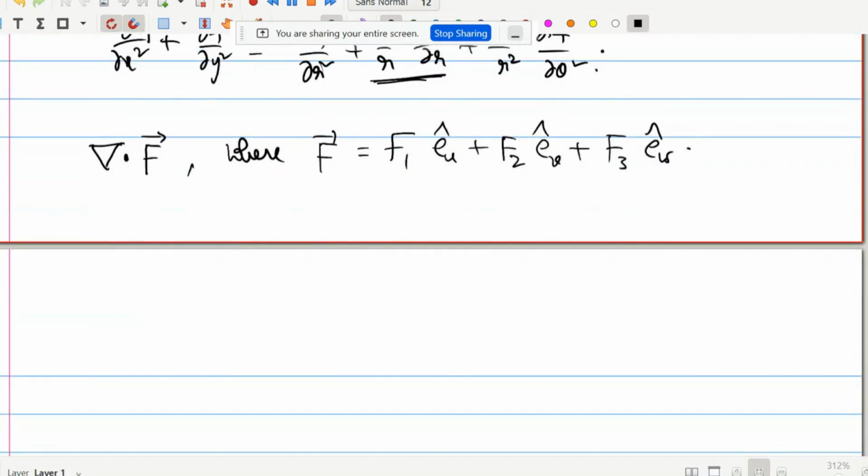Once you convert into u, v, w, this vector field with the gradient dot product is your divergence in curvilinear coordinates.